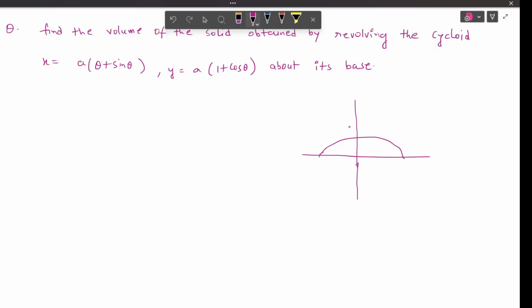Okay, and the theta varies from, so let us say this is the graph and here theta is 0, theta is pi, minus pi here. So in this arc theta varies from pi to minus pi.